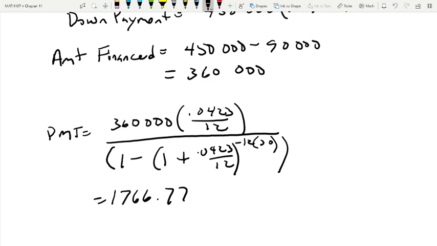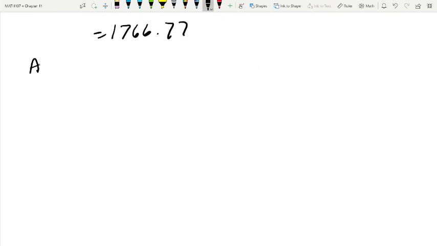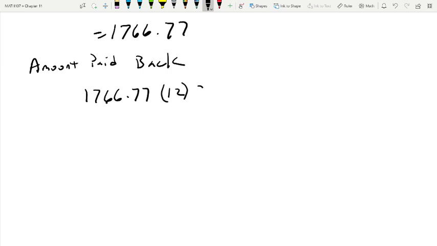And now in terms of this loan, we can figure out how much you end up paying back to the mortgage company. And so the amount paid back is going to be the 1766.77. You're paying that every month for 30 years. And so you pay back 636,037.20. Okay.